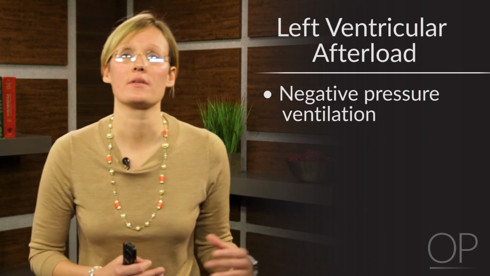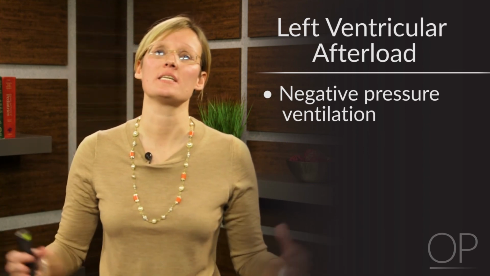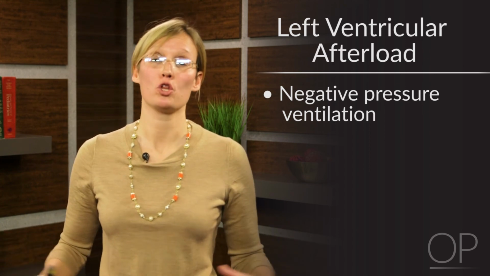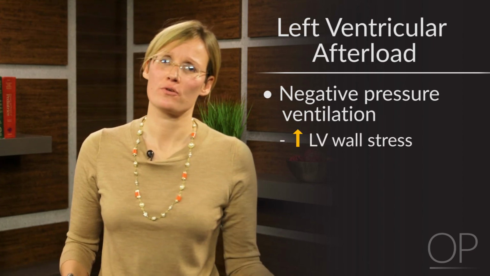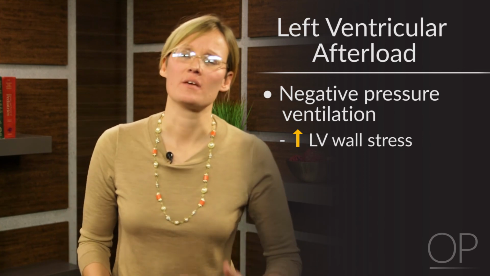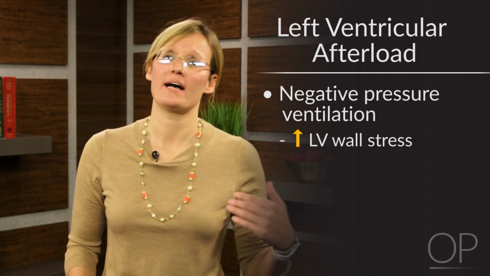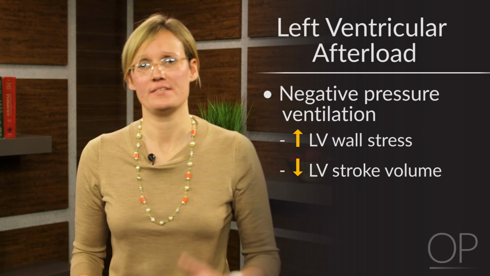Remember when we talked about the obstructive patient or patients taking deep gasping breaths that were generating large amounts of negative intrathoracic pressure? As they generated those large amounts of negative intrathoracic pressure, their left ventricular wall stress increased. And as that happened, the ability of the left ventricle to provide stroke volume and cardiac output went down.